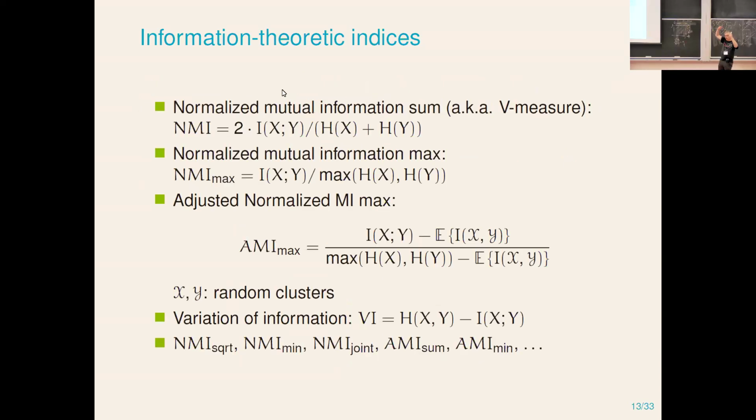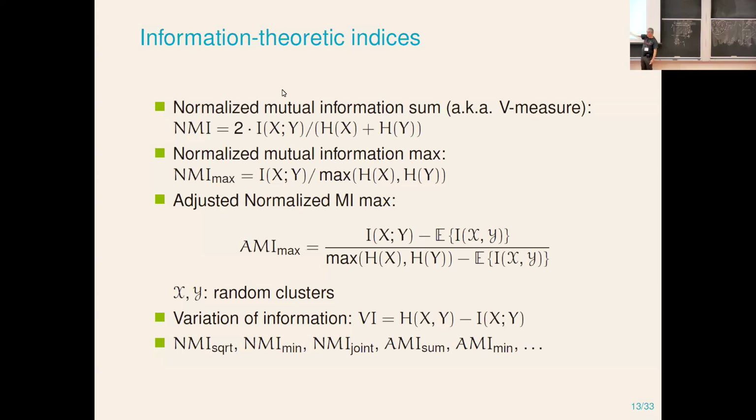And you have also a ton of different similarity measures, like the normalized mutual information using the sum or using the max, where you take the mutual information and then you divide by the average of the entropies, or you divide by the maximum of the entropies. And then you have also using a square root or mean or joint, you name it. You have many variants of the normalized mutual information. Then you have the adjusted variants of those normalized mutual informations, where you subtract for randomness, and you have the adjusted normalized mutual information with the sum, with the max, with the mean, and so on.